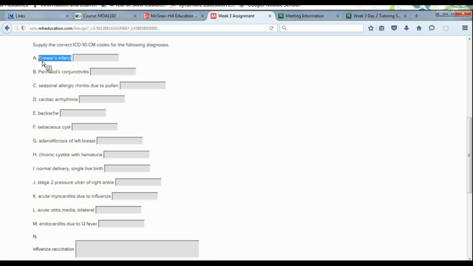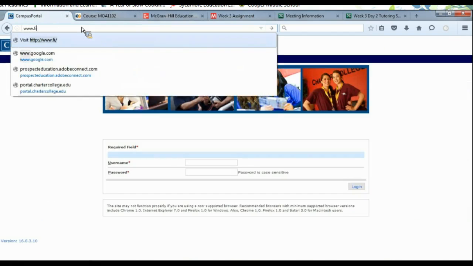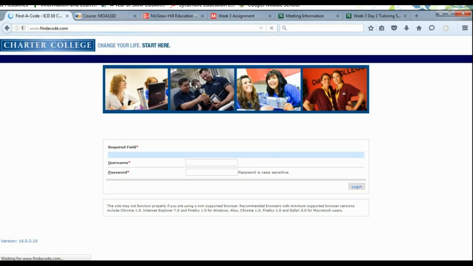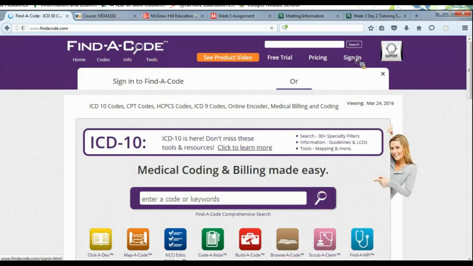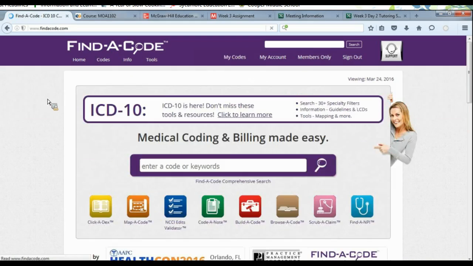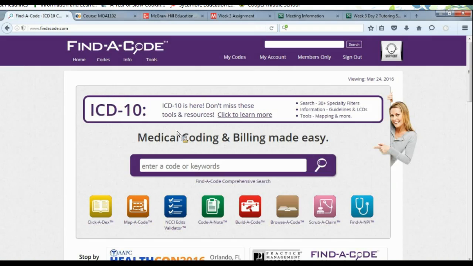Now let me go and log in to find a code as well. The first one was Brewer's infarct.